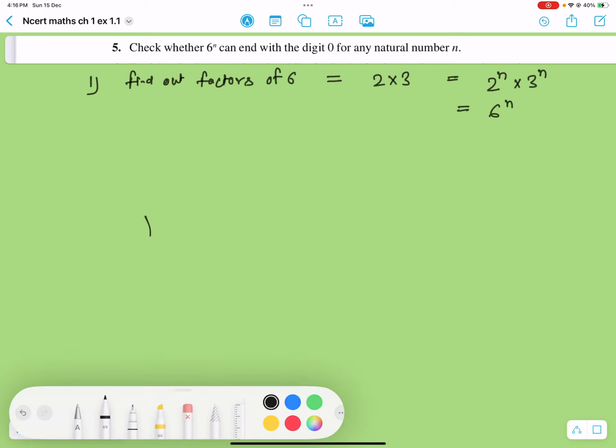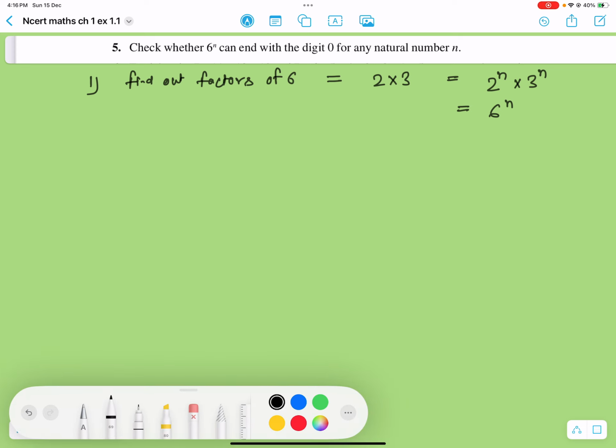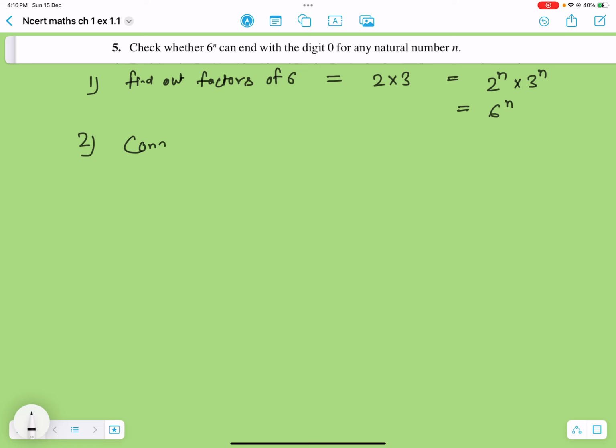Now, in order to prove that 6 raised to power n will never end with the digit 0, we need to write down the condition for a number to end with 0 at the units place. There are two conditions, right?